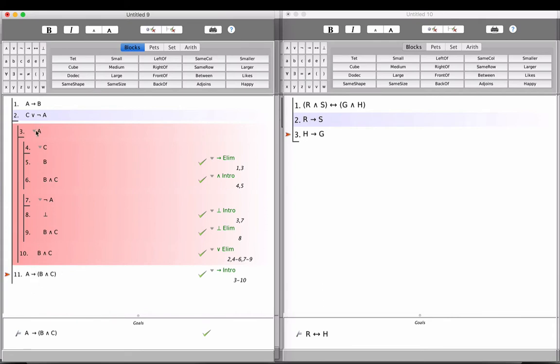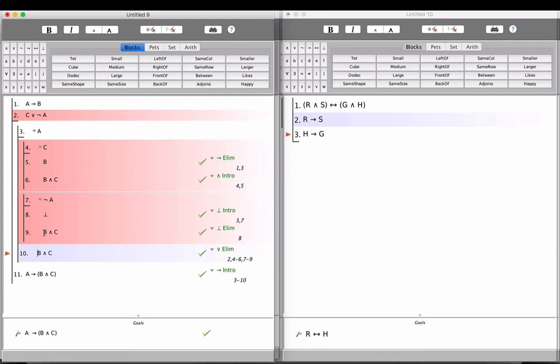We assumed the antecedent at line 3, derived the consequent at line 10, so that we can say if A, then B and C. Once we were in that structuring subproof, we thought about how we're going to generate B conjunction C, knowing that there's a disjunction at line 2 that is eliminated only by the disjunction elimination rule. So we set up the assumption C, then the assumption not A, from each of which we inferred B conjunction C.